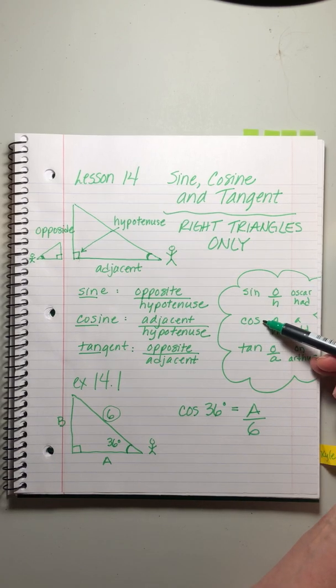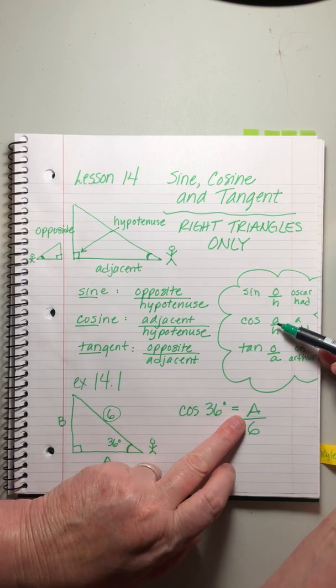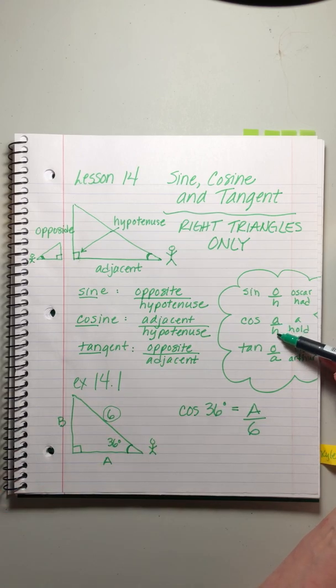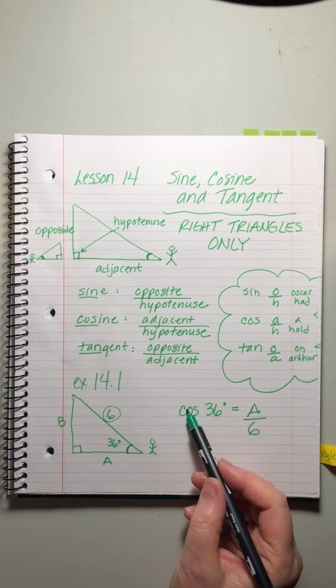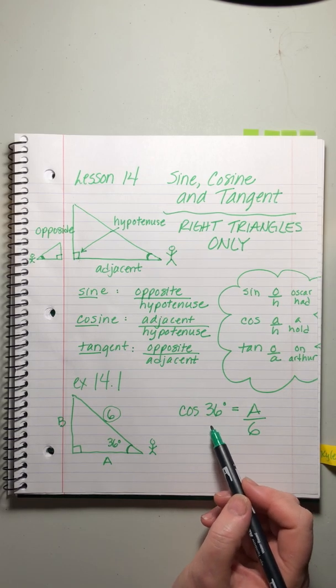Cosine, I put in the angle mark, equals the adjacent side, which we're just calling A, that's our variable, and then our hypotenuse is 6. Okay, that's how we start this. Then what we do, and very quickly you can start doing this mentally, we can see that the hypotenuse needs to come up and be cross multiplied, right?